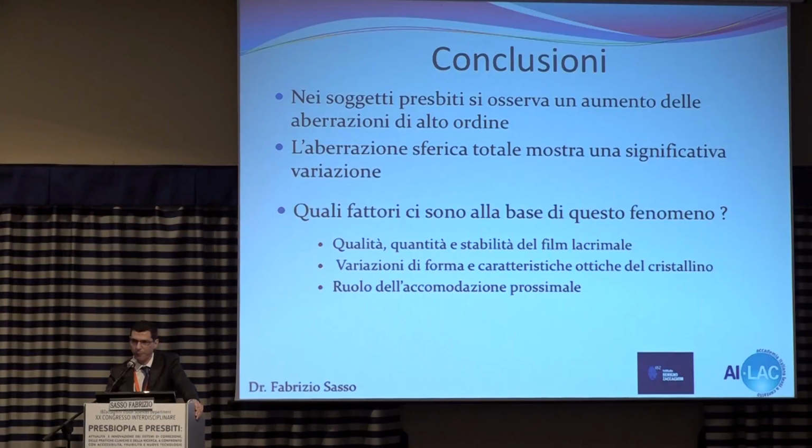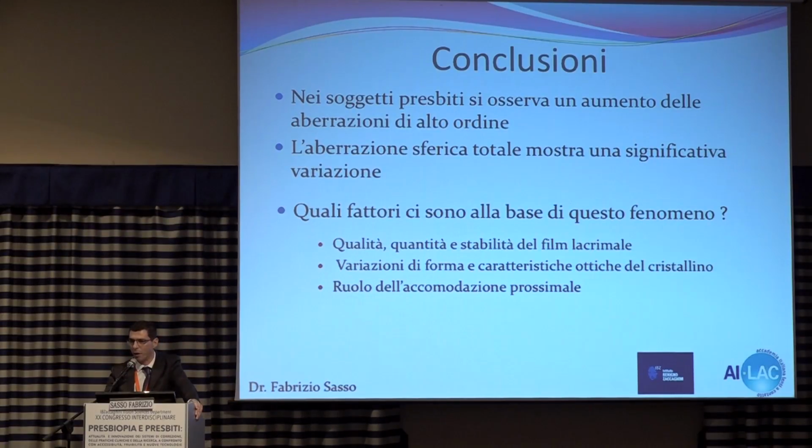And I also identified proximal or near accommodation as having an important role. The younger the subject is, for example, a 22-year-old patient in front of an eye profiler for data acquisition does a bit more of proximal accommodation compared to presbyope.